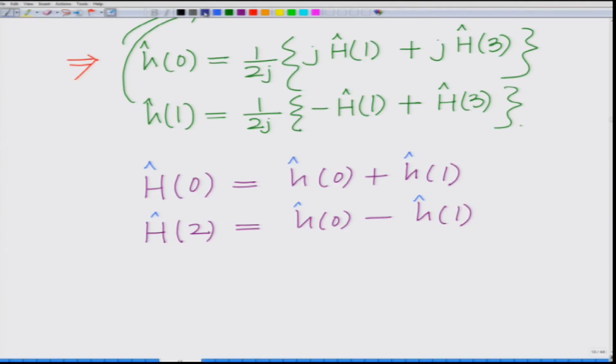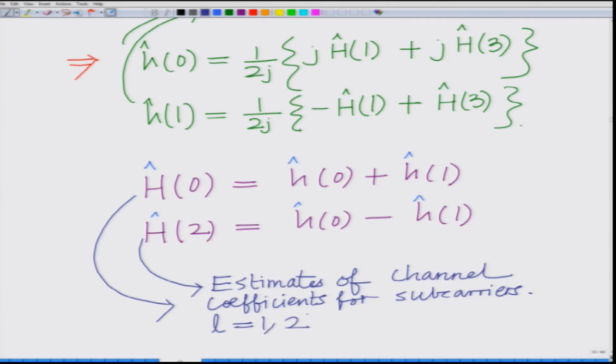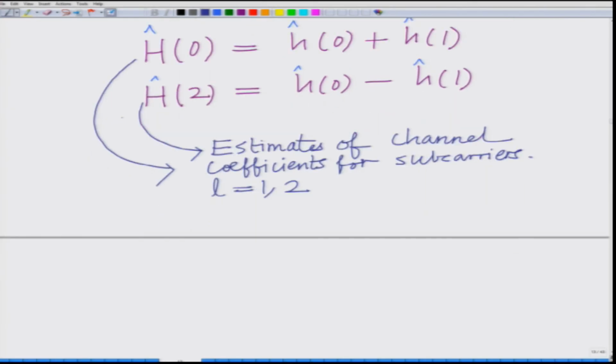So, basically now you can see the estimates capital H hat 0, capital H hat 2, these are estimates of your channel coefficients for subcarriers l equal to 1, 2, which are basically the estimates of the channel coefficients for the non-pilot subcarriers, or the information subcarriers.